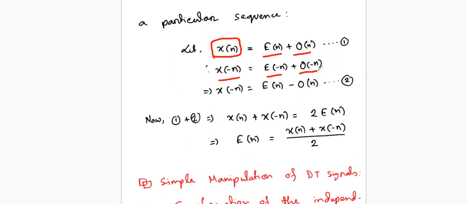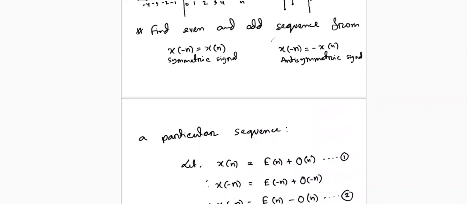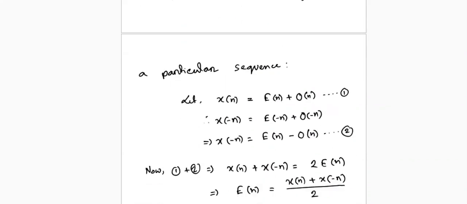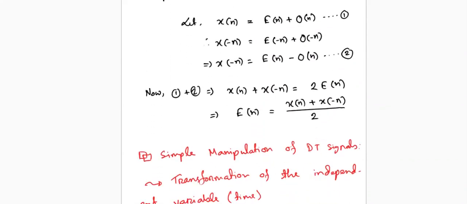According to the fact, since E is an even symmetry, E of minus n, that means in the opposite direction, can be written the same as E of n. For odd symmetry, O of minus n equals minus O of n. We represented this just before. So we know this fact for the antisymmetry and for the symmetry, and we have applied those formulas in equation number 2.